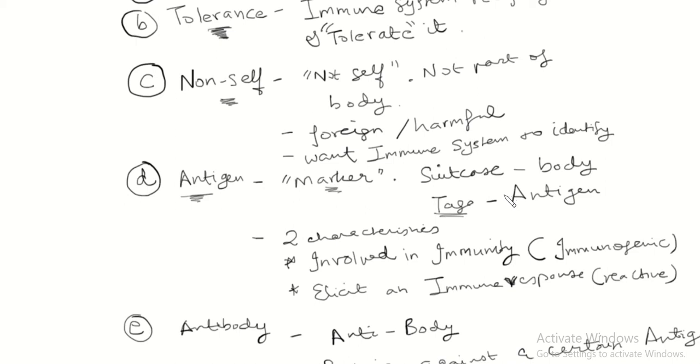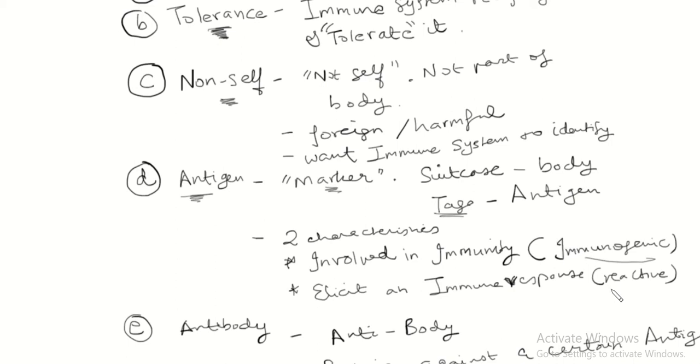Now, from an immune system perspective, for a marker or a molecule to be considered a marker, it has two aspects it needs to have. One is it needs to be immunogenic, so it needs to be involved in one way, shape, or form with immunity or the immune response.